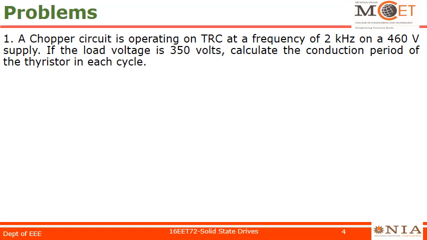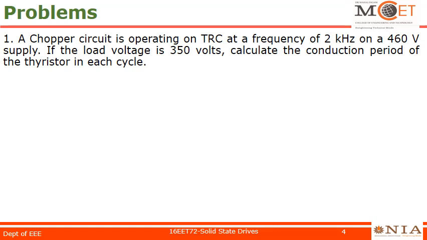If the load voltage is 350 volt, calculate the conduction period of the thyristor in each cycle. The problem is given. Try to solve it on your own, or try to write the formulas.